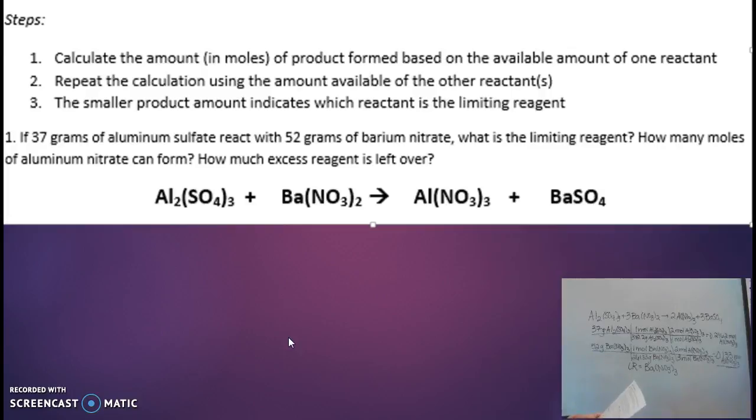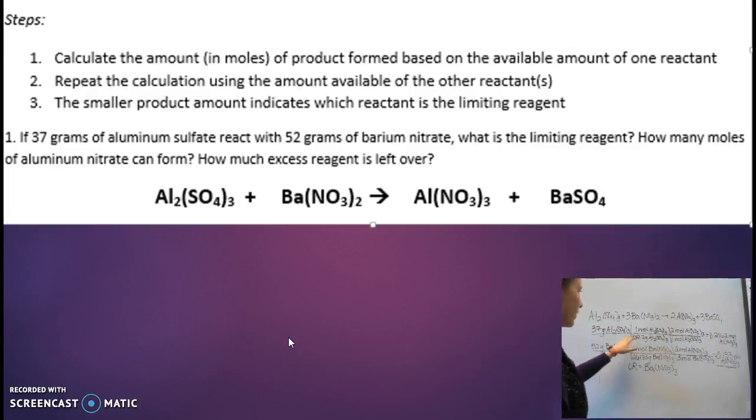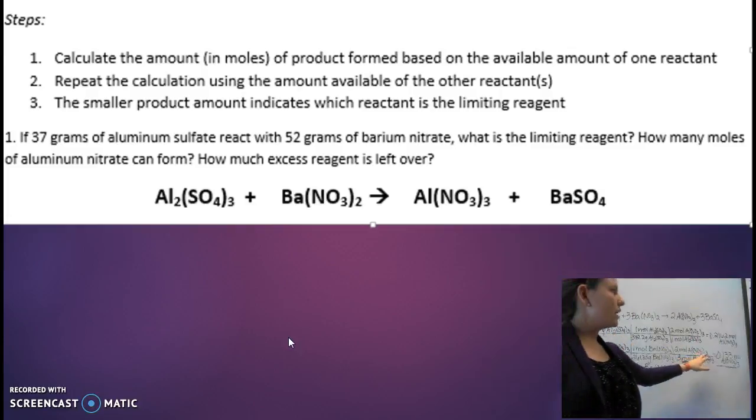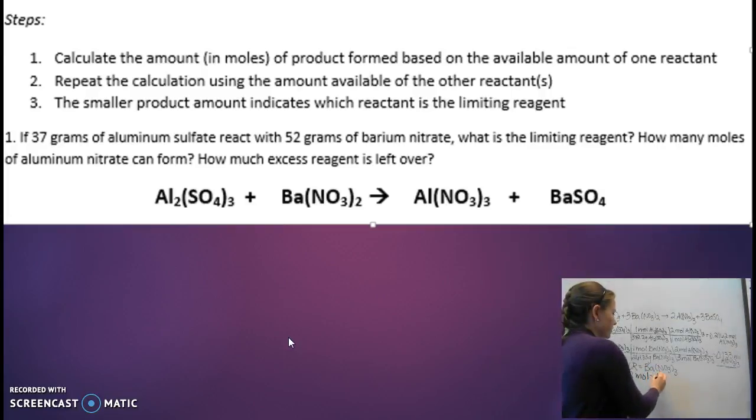Next thing we need to do is figure out how much excess reagent is left over. The easiest way I think to do this is to kind of figure out how much you have left. So if we look here, technically we could have formed 0.2162 moles if we had this much of aluminum sulfate and if we weren't limited by this. So if we take that 0.2162 moles, that was kind of like what we could have made. We're going to subtract from that what we actually can make. So we can make 0.133 moles to figure out how much we essentially have left over. We're going to divide that by what we thought we could originally make.